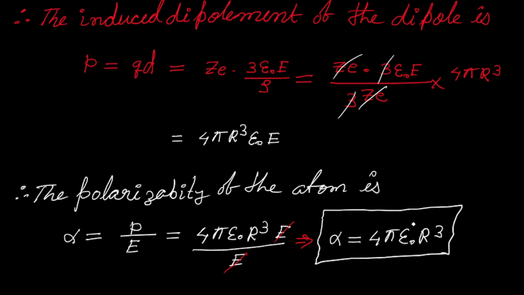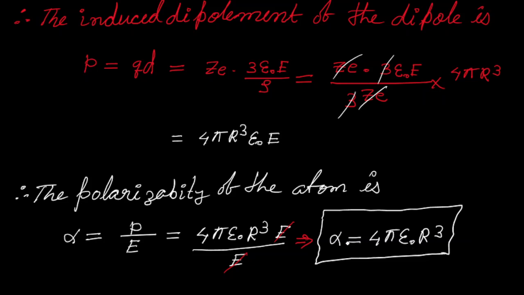Sometimes in an exam where you have to solve a huge number of questions, more than 100 questions within 3 hours, the examiner simply asks: alpha is proportional to r cube or r to the power n, then what is the value of n.